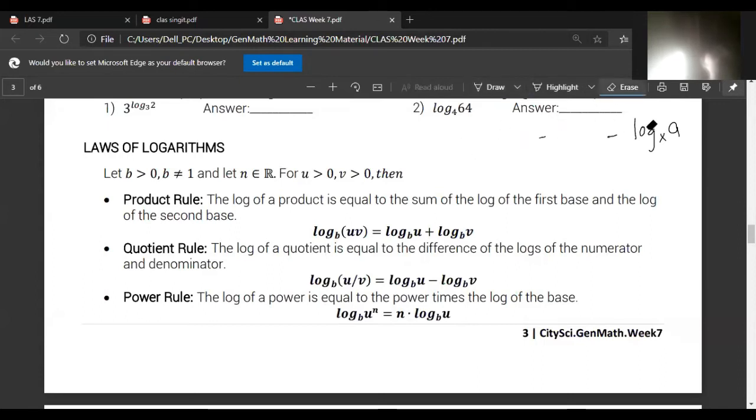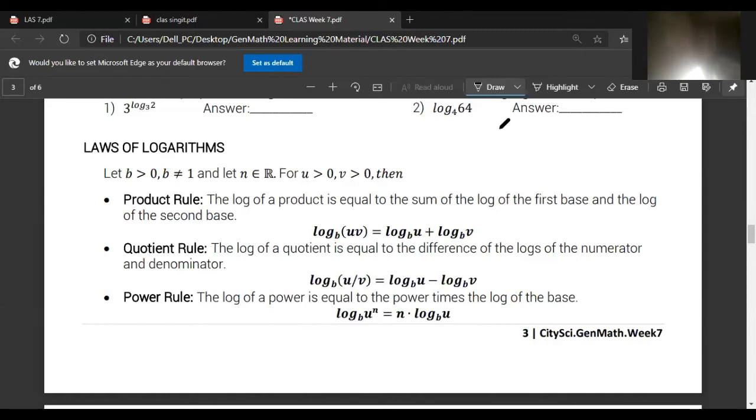Okay? Next, if we have the quotient rule, wherein the logarithm of the quotient is equal to the difference of the logarithms of the numerator and denominator. Ibig sabihin, meron tayong logarithm of u over v, or u divided by v, with the base b. That would be equivalent to the logarithm of u to the base b minus logarithm of v to the base b.